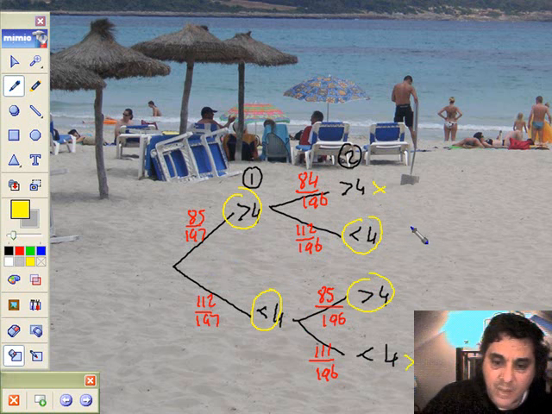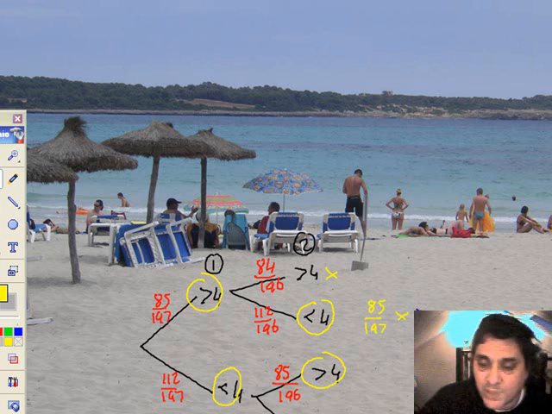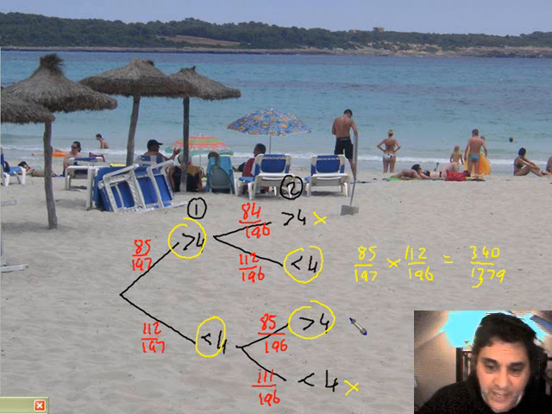Alright, so I'm looking at 85 over 197 followed by those who waited less than 4 seconds, 112 over 196. That gave me an answer of 340 over 1379. No worrying about simplifying just yet.